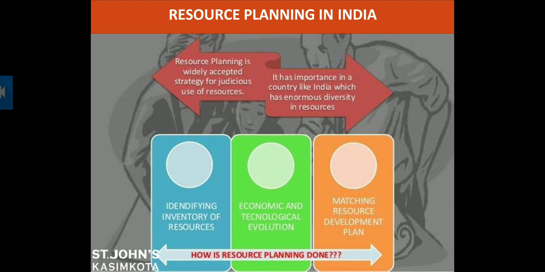The second step involves evolving a planning structure endowed with appropriate technology, skill and institutional setup for implementing resource development plans. The third step is matching the resource development plans with overall national development. So, these are the 3 steps which are involved in resource planning in India.